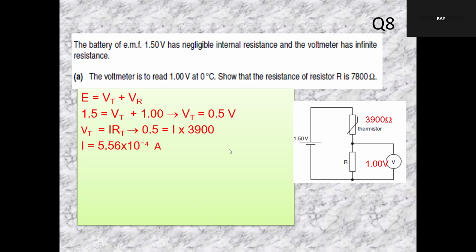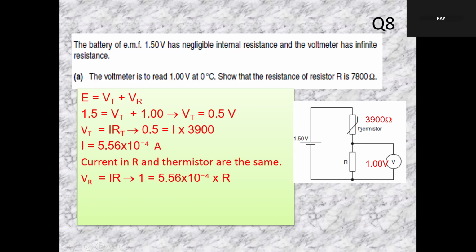Then from there, you can calculate your R. Current through both of them is the same. You don't have to worry about the voltmeter because it's high resistance. So VR is 1 volt. I will calculate that R using a calculator.